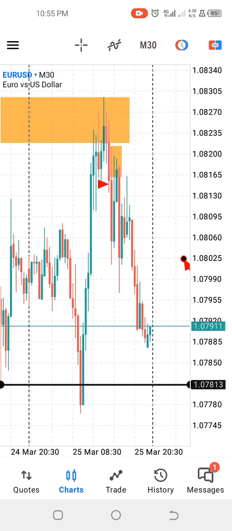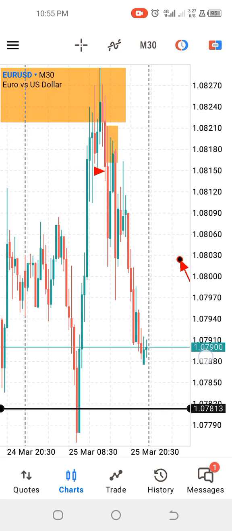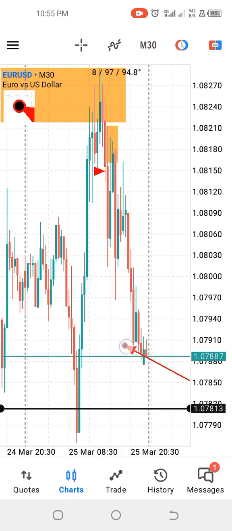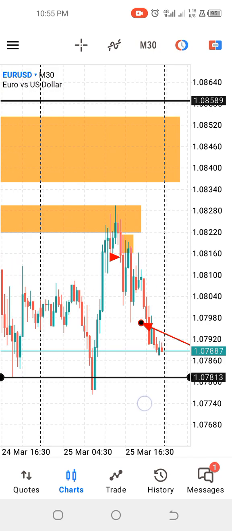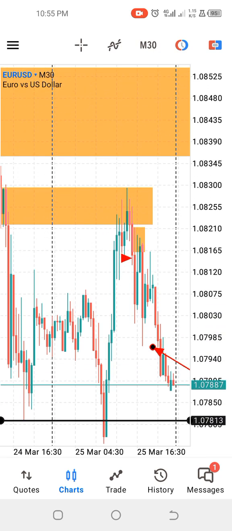I hope this explanation is able to get some people to understand how this thing is being done. As time passes, I'll be dropping more explanations on how I take my trades.